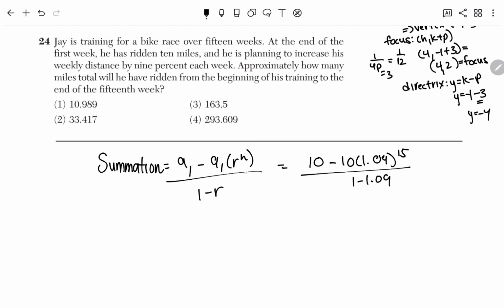So our r is 0.09, but we're adding 1 because we're increasing. And a1 is 10, and our n is 15 because that's the desired number of weeks. So when we plug this into our calculator, we get an answer of 293.609. That aligns with answer choice number 4, and that would be the last question of the multiple choice section.